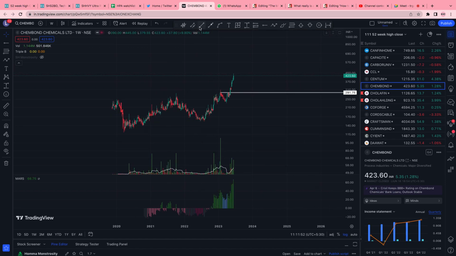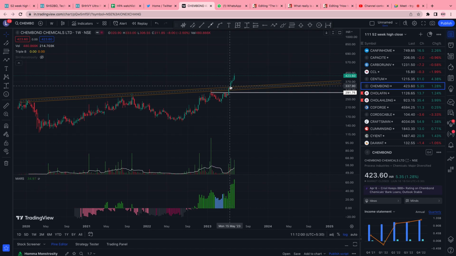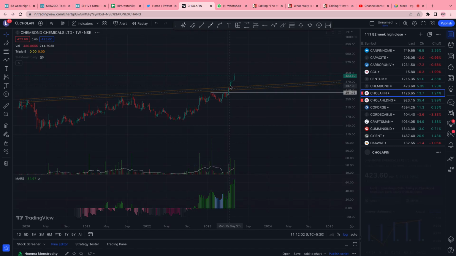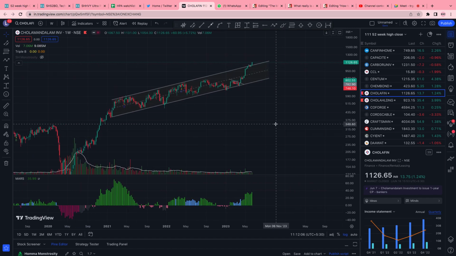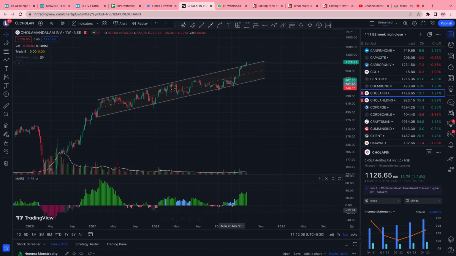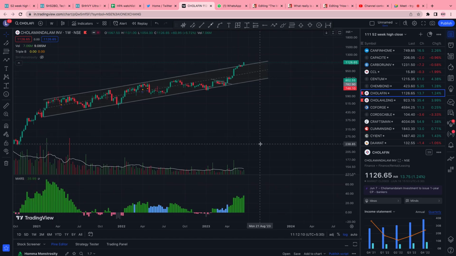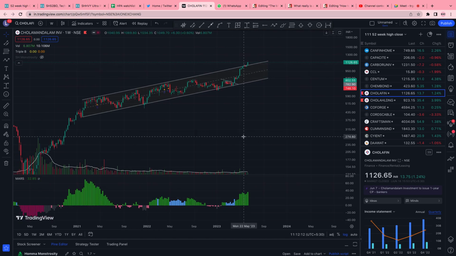Cambond has started its outperformance. It already broke out from here, so this would have been a great place to enter, you know. Yeah, this guy is also really strong. You can see the outperformance, you can see green coming more.